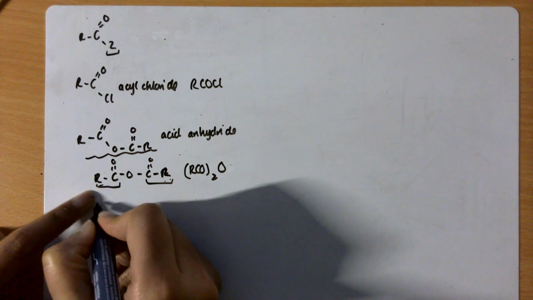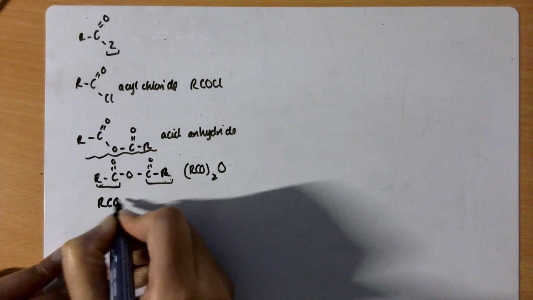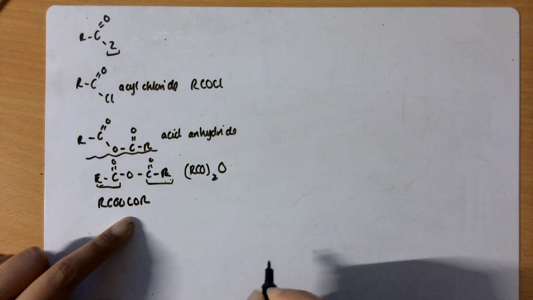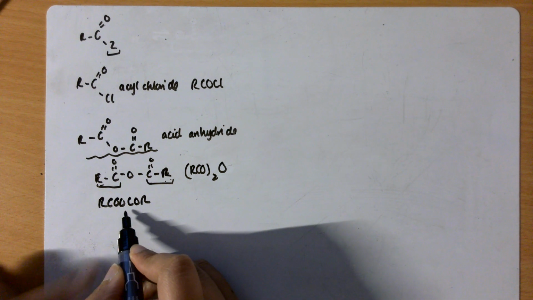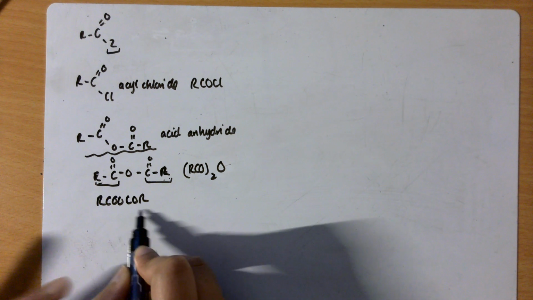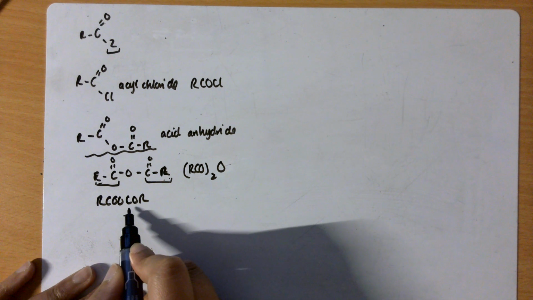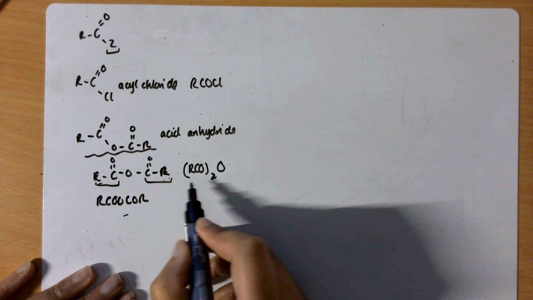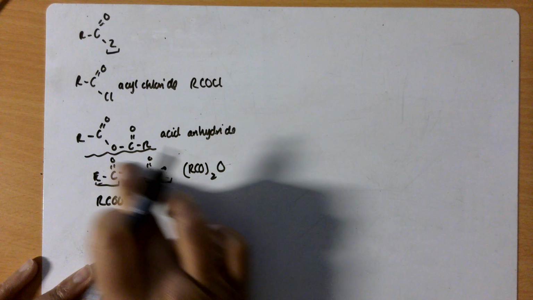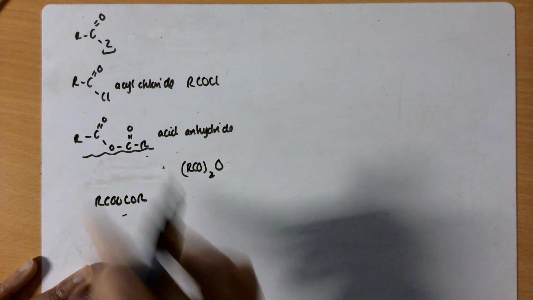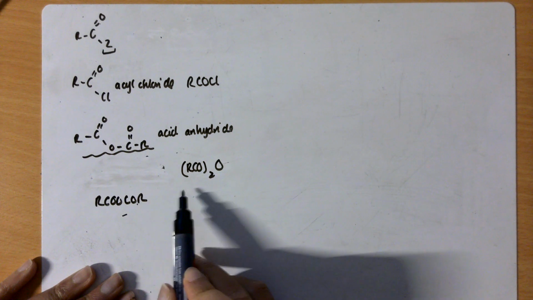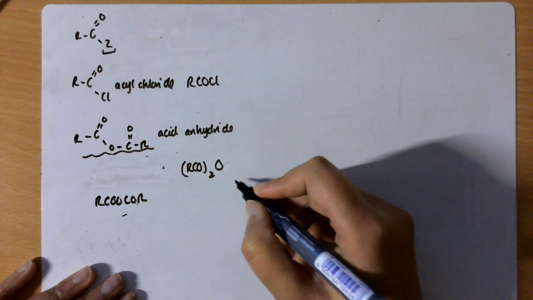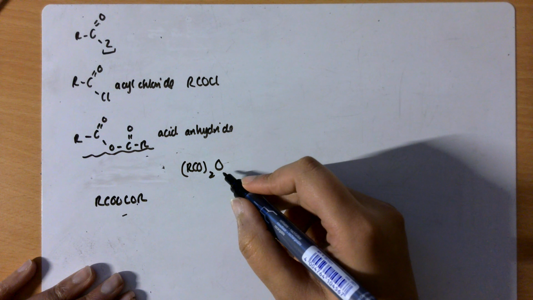So I could write R C O O C O R. The reason I kind of avoid writing it like this sometimes is because you can get confused with the number of oxygens and carbons, etc. or write them in the wrong orders. So for me, this is just a little bit clearer. But you do have to be able to identify an acid anhydride as either one of those two in terms of a structural formula. So an RCOCl for an acyl chloride and this for an acid anhydride.